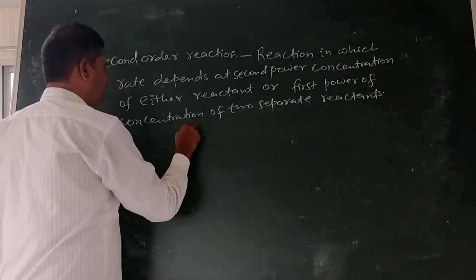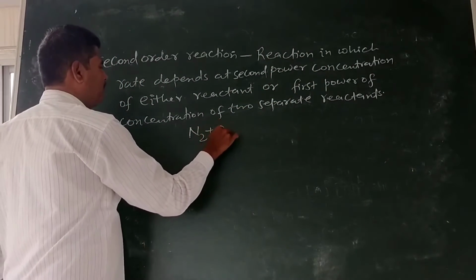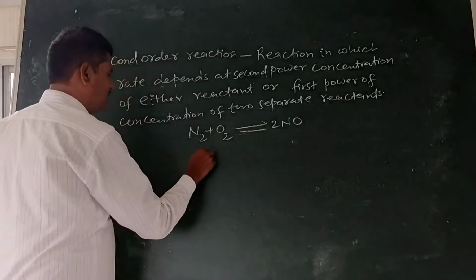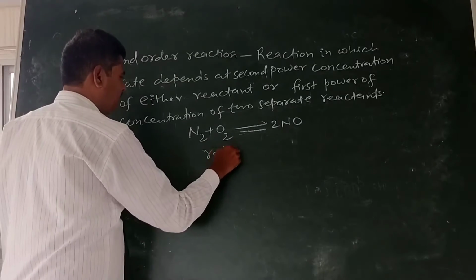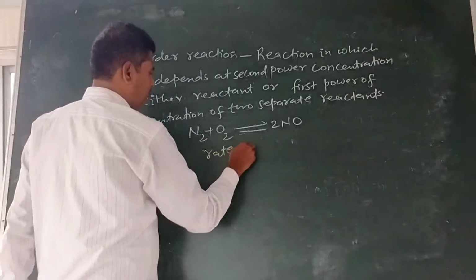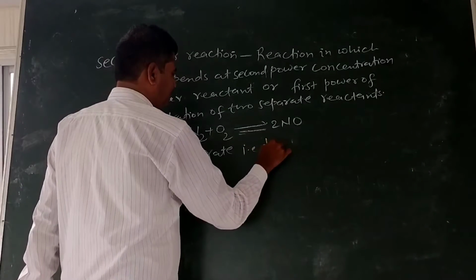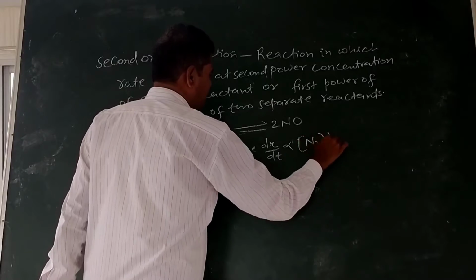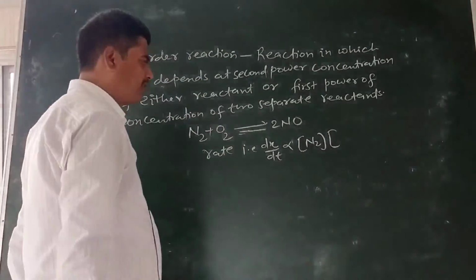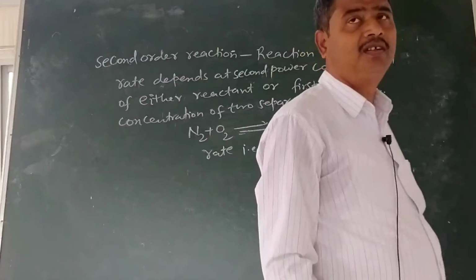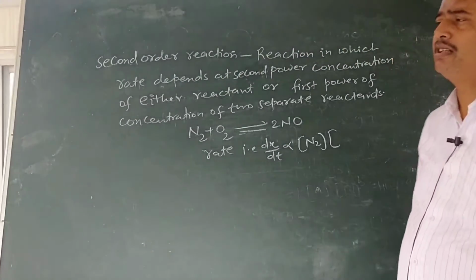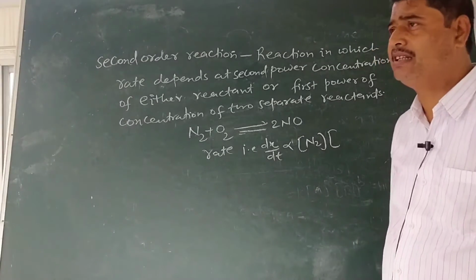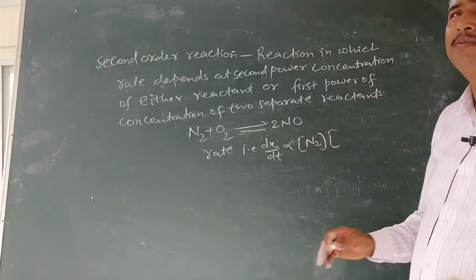For example, N2 plus O2 gives 2NO. Here the rate, that is dx upon dt, is proportional to the first power of the active mass of nitrogen, that is the concentration of nitrogen. Concentration is represented in terms of active mass, for which the symbol is enclosed in a big bracket.